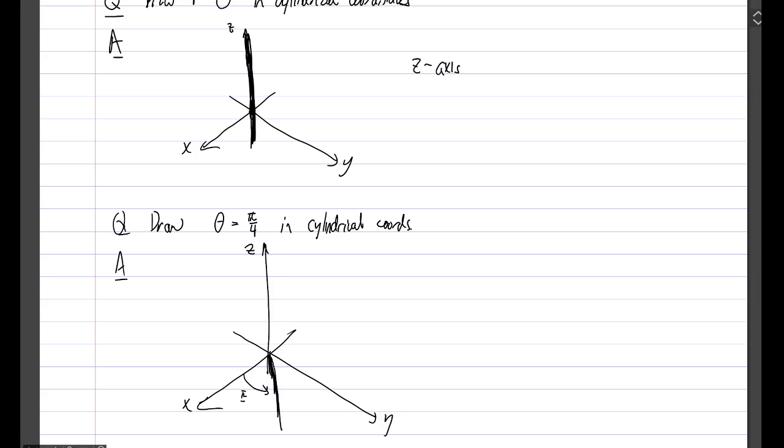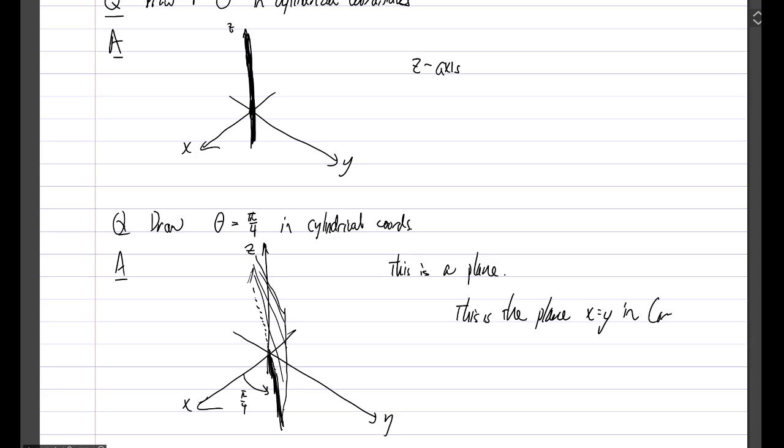If this angle was pi over 4, and this line continues back this way, then remember theta is also independent of z, so we actually have above this line another copy of this line, and so on. So we actually have a stacked copy of lines on top of each other. This is going to end up becoming a plane. And specifically, because the angle pi over 4 is so nice, we can mention exactly what equation this is. This is the plane x is equal to y in Cartesian or rectangular coordinates.